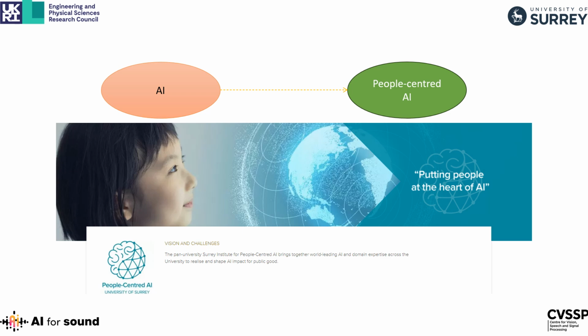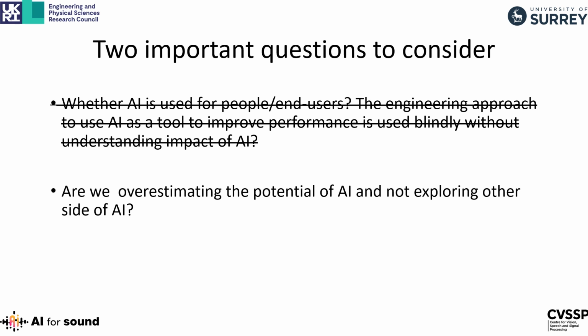Then again we reach out to the users to understand how they feel now with this technological solution. So this is an iterative process which is still going on. So we have seen how we are adopting this people-centered approach with the World Cafe and participatory method.